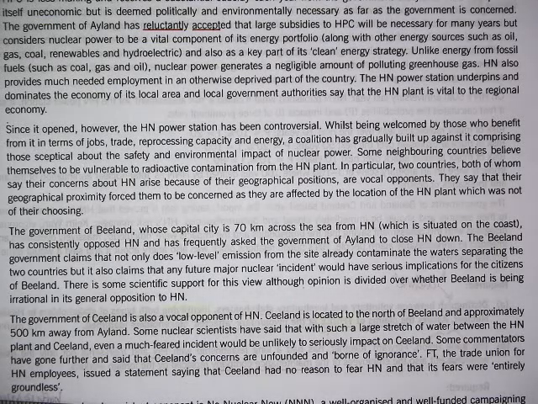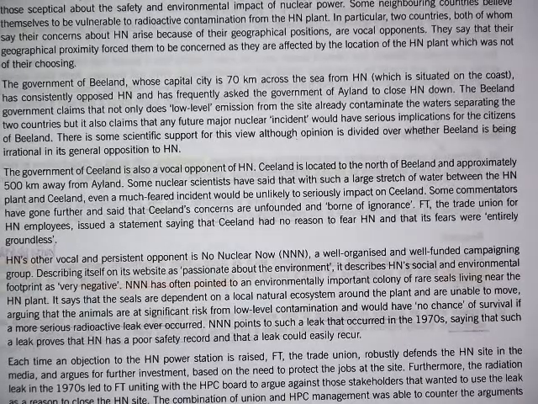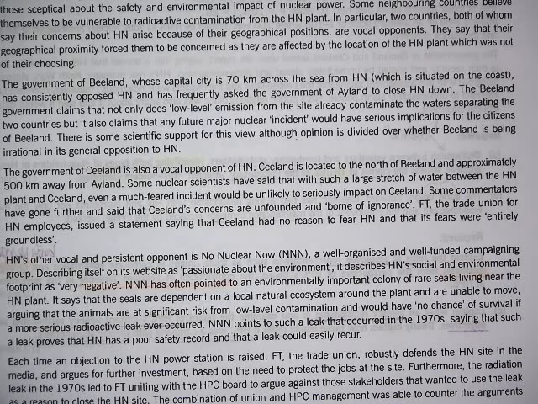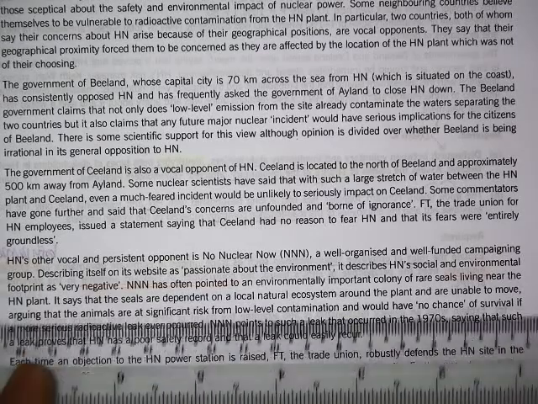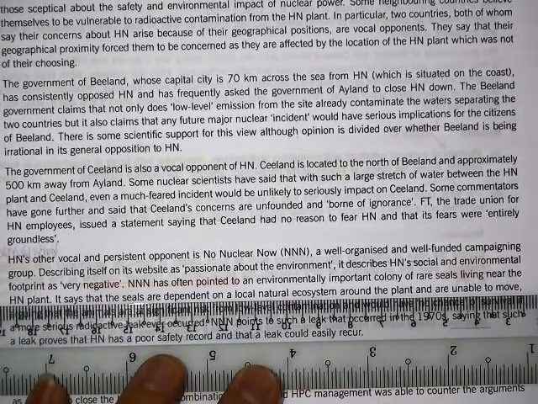B-Land government claims that not only does the low-level emission of the site already contaminate the waters separating the two countries, but it also claimed that any future major nuclear incident would have serious implications for the citizens of B-Land. There is already some scientific support for this view, although opinion is divided whether B-Land is being irrational in its general opposition to HN.